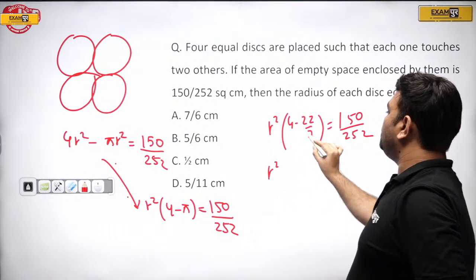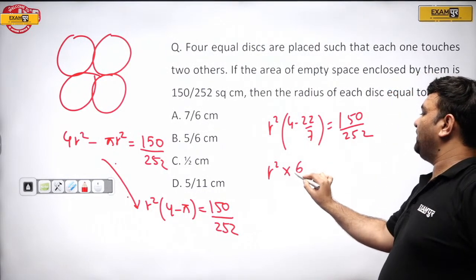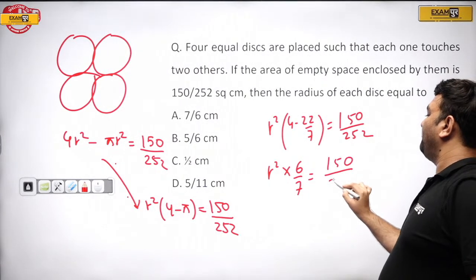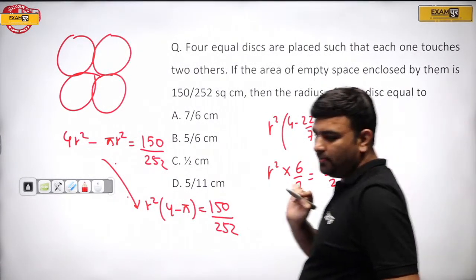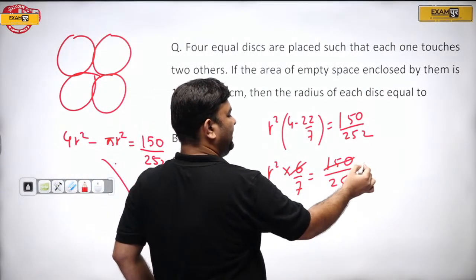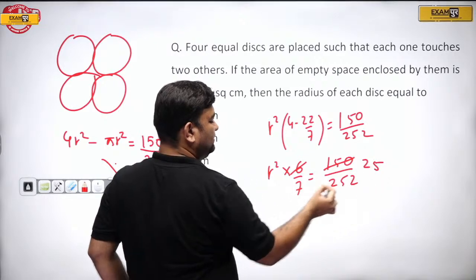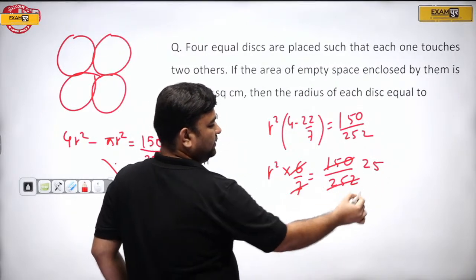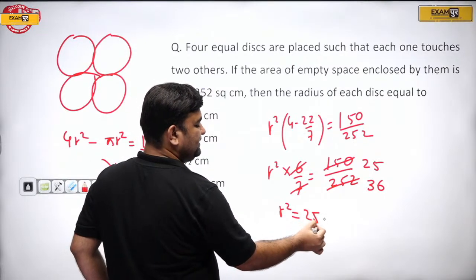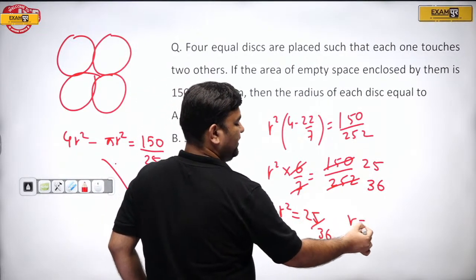R square times 6 by 7, 28 minus 22, is equal to 150 by 252. Six simplifies 25 times, 7 simplifies 36 times. R square is 25 by 36. So radius is 5 by 6.